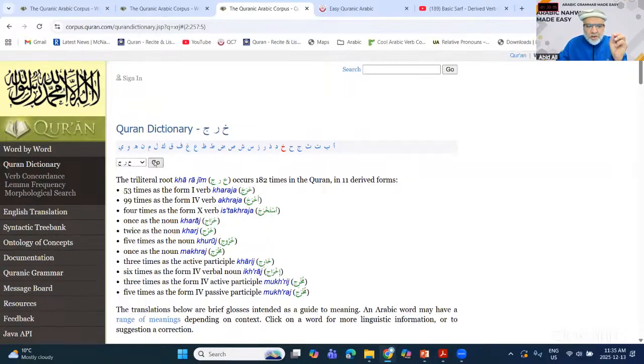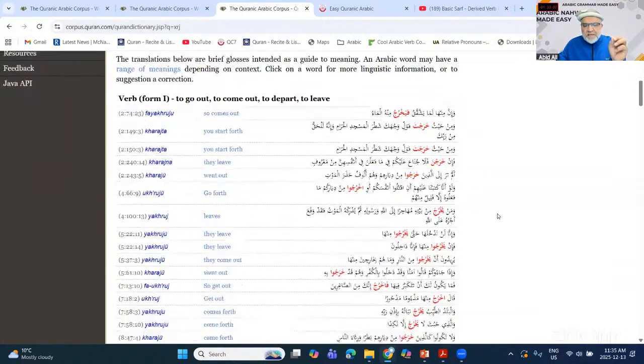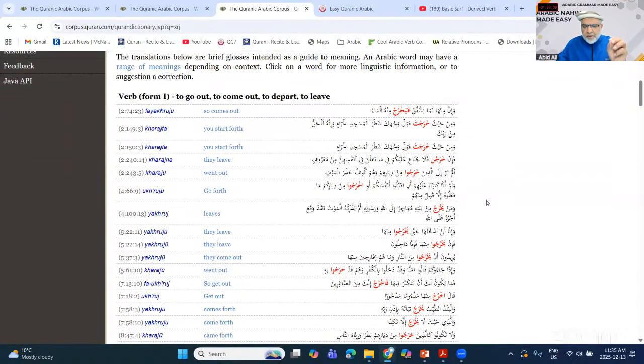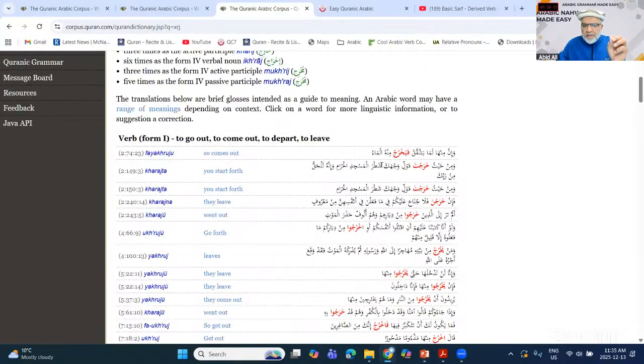And then when I say go, it tells me everywhere possible in the Quran where this verb has been used, in which form. Fa yakhruju. Is this yakhruju? Is it siga number 1? Is it kharajta, kharajna, kharaju, akhraju?